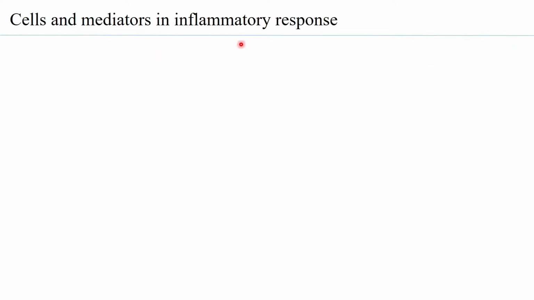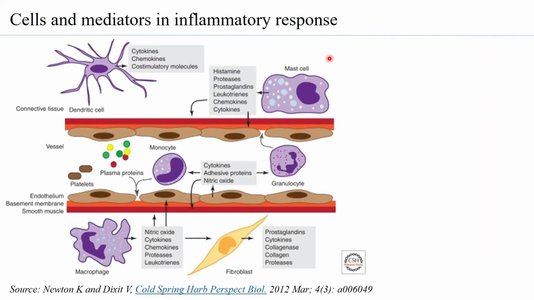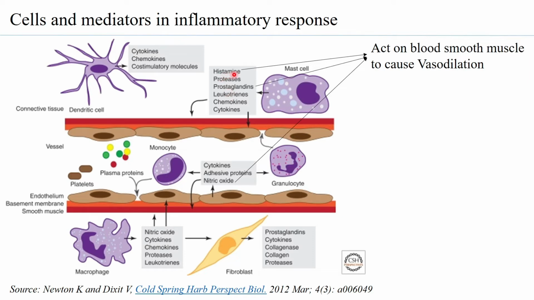Now, let us look at the cells and the mediators in the inflammatory response. So whether you take dendritic cells or mast cells, plasma proteins, or all the cytokines, chemokines, etc., that are released by these cells, they are all together responsible for the inflammatory process. So when you have histamines, prostaglandins, nitric oxide, etc., being released, you have them acting on the blood vessel smooth muscle to cause vasodilation.